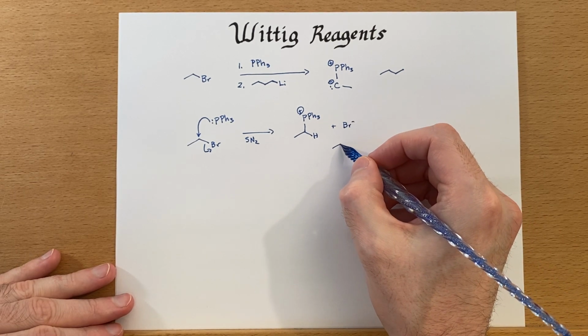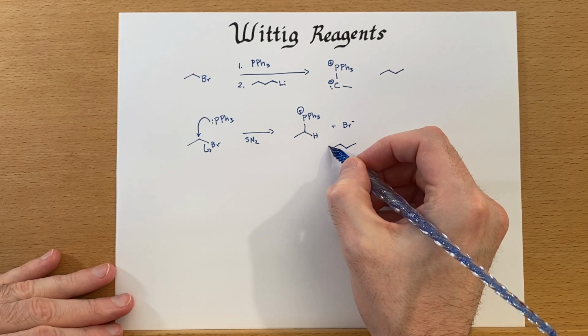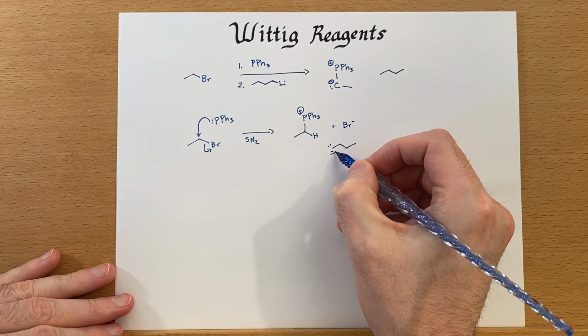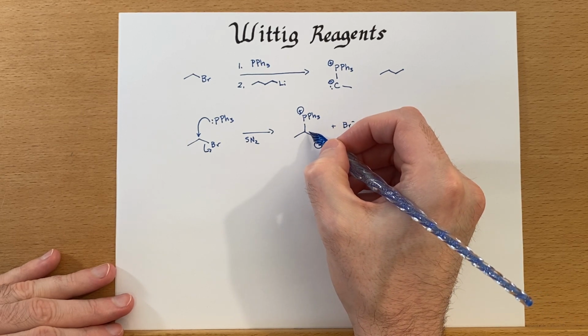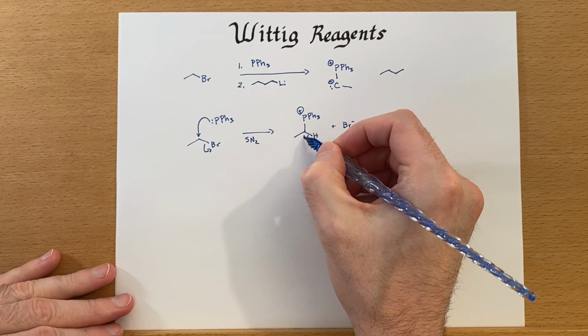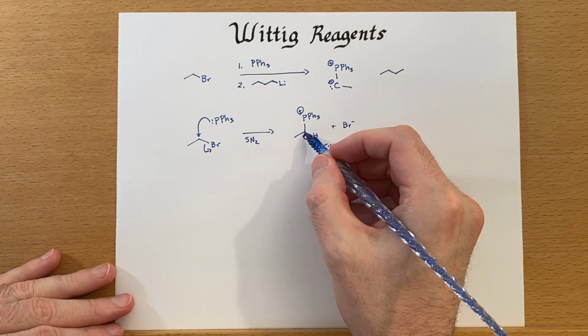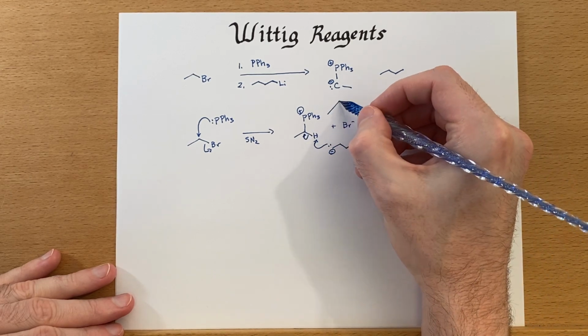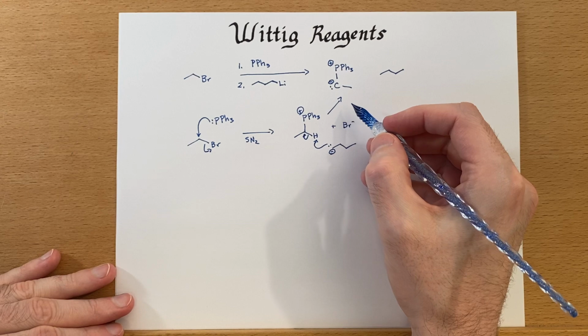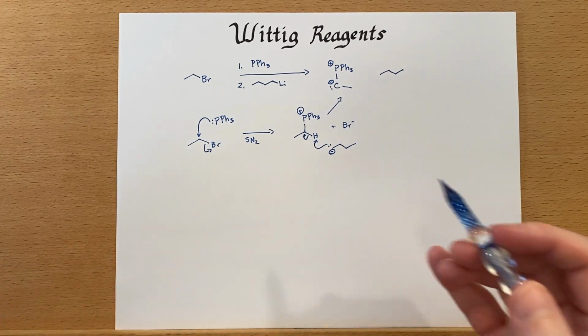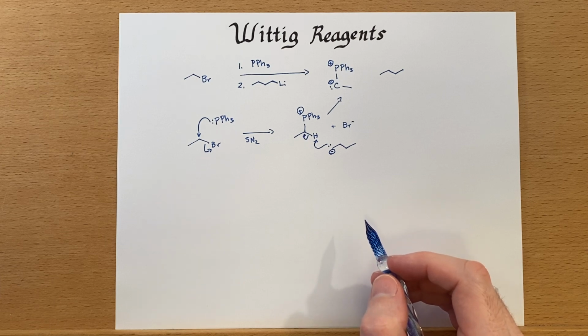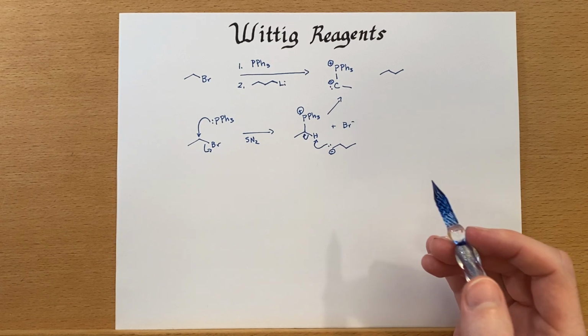Next, we add in our really strong base, which in this case is butyl lithium. That's going to steal that hydrogen, and then those electrons will return to that carbon. That will generate my Wittig reagent.